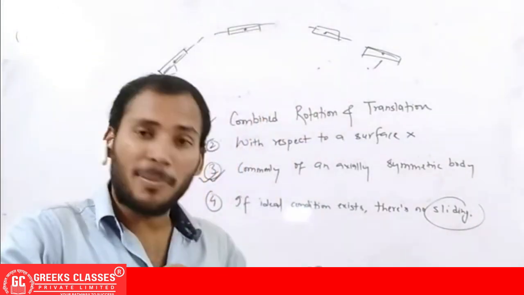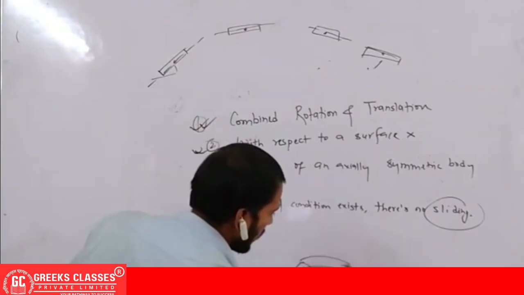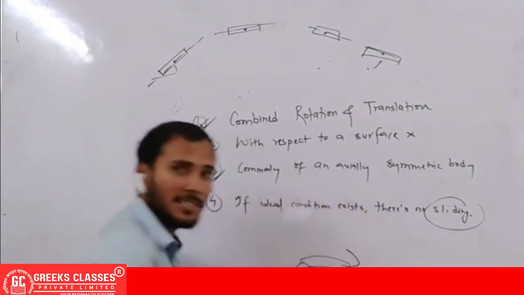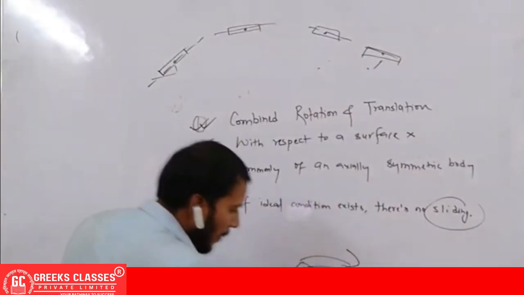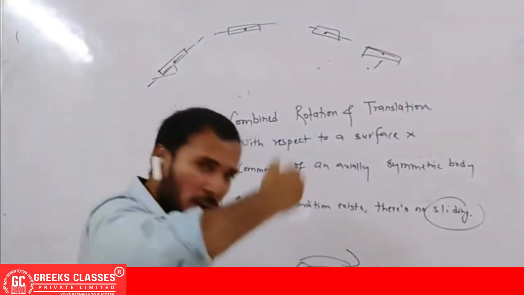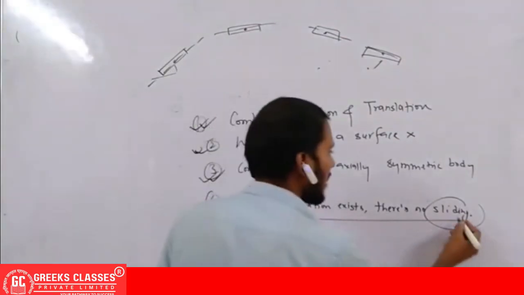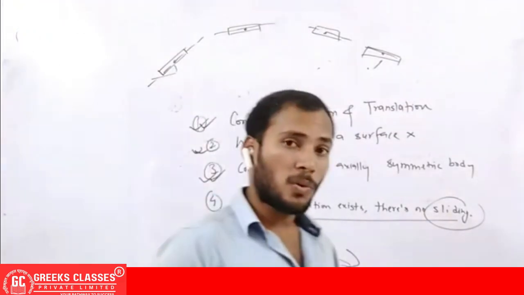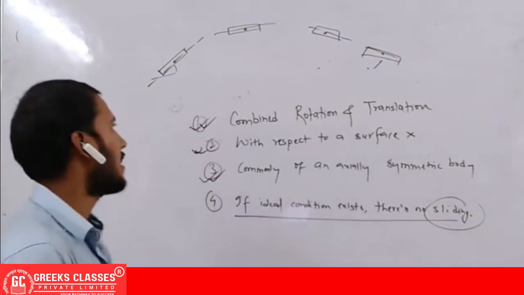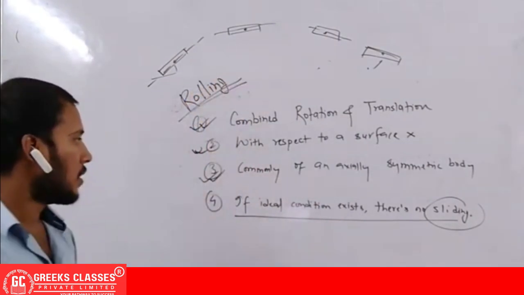But when you apply the brake, the center of mass translates, but look at the bottom part of the wheel. It skids on the road. There is no rolling, no rotation. So there is skidding. If ideal condition exists, there is no sliding, and when there is no sliding, that is known as pure rolling. This is the situation of ideal condition, and these are the four conditions for rolling.